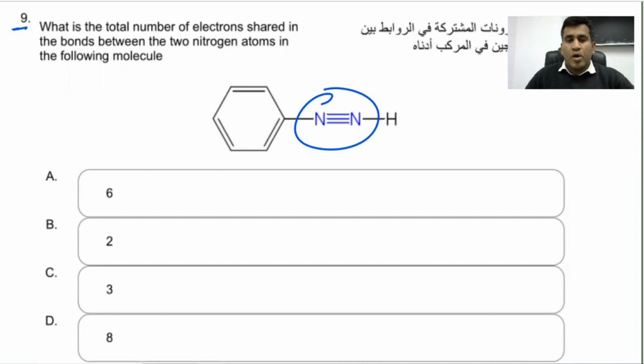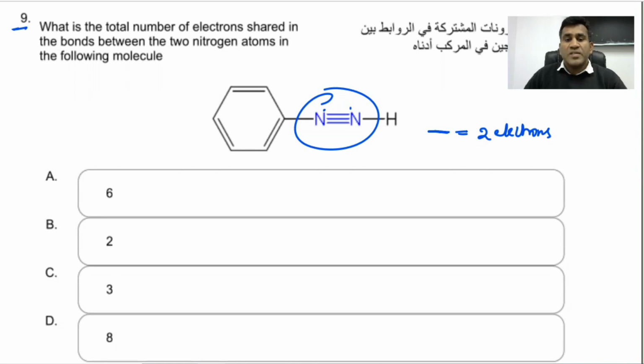Whether it is polar or non-polar depends. One electron from this nitrogen atom and one electron from that nitrogen atom are shared together to reach their octet state, and we represent this with a bond. It means one bond is equivalent to 2 electrons, because they are shared.